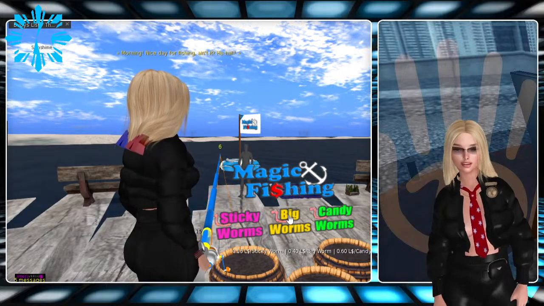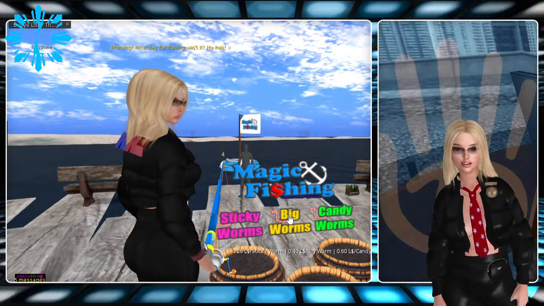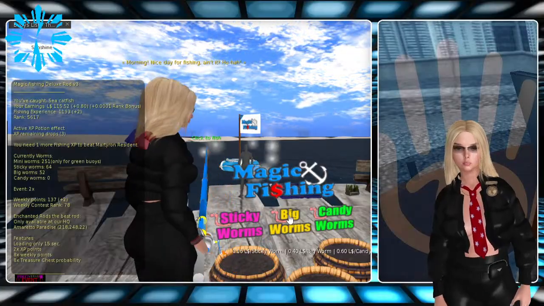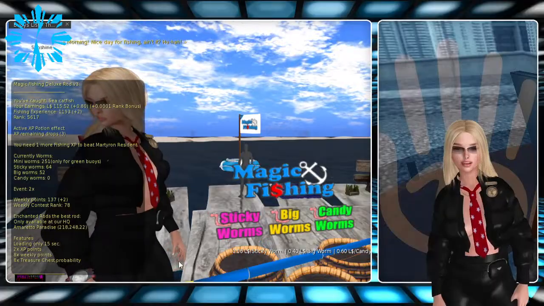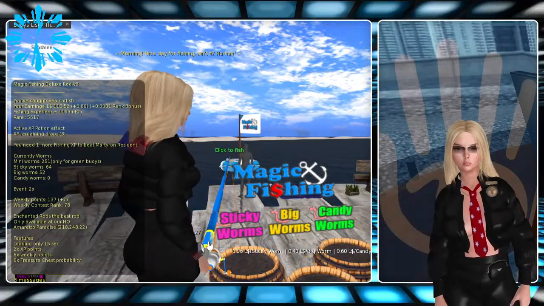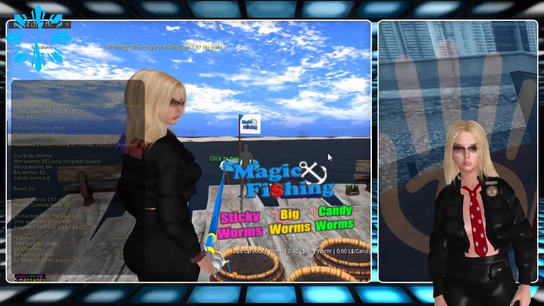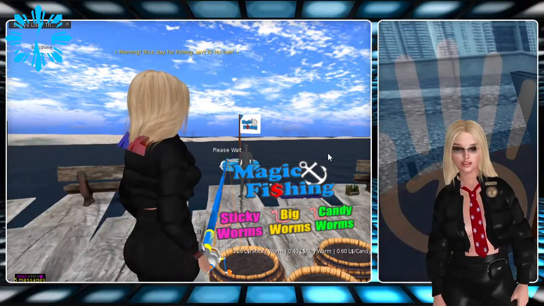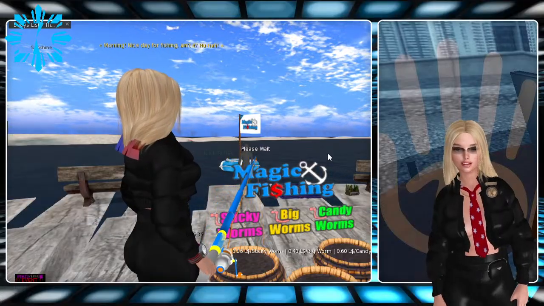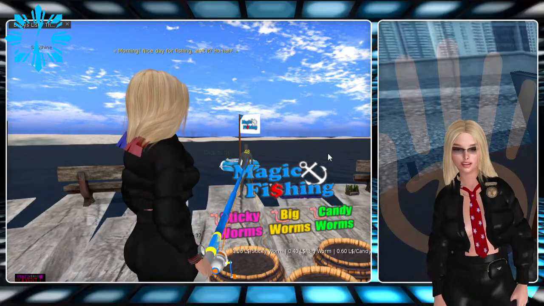I have no idea what services they're offering or if they are selling anything. Again, there are locations in Second Life that have games like this, and they give away Linden Dollars, but they're not really running a business or anything.